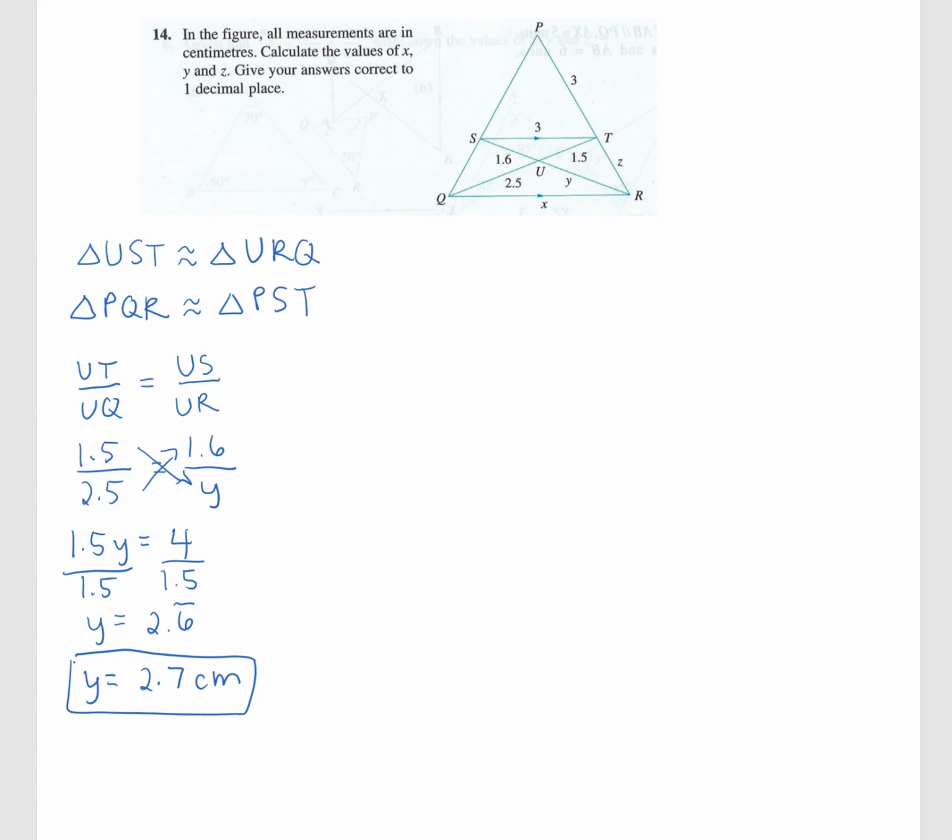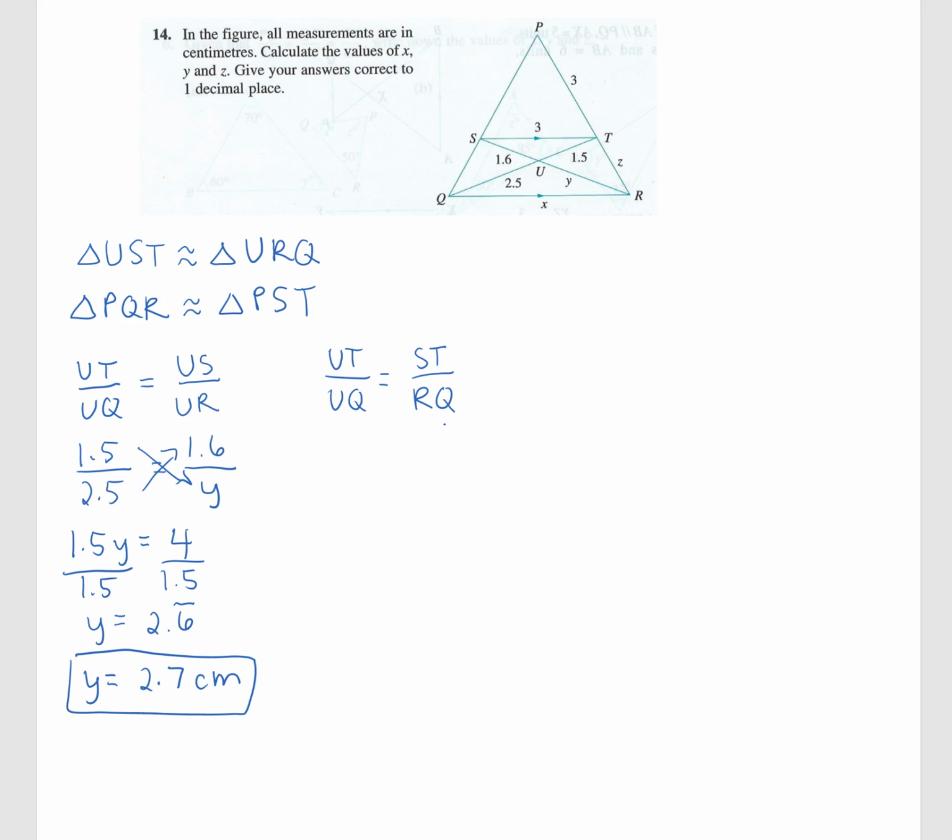So I'm going to do the same thing here, and I'm actually going to use the same ratio as before. So I'm going to use UT over UQ. And again, we want the side of the smaller triangle on top, so that's going to be ST, and the corresponding side of the larger triangle is RQ.